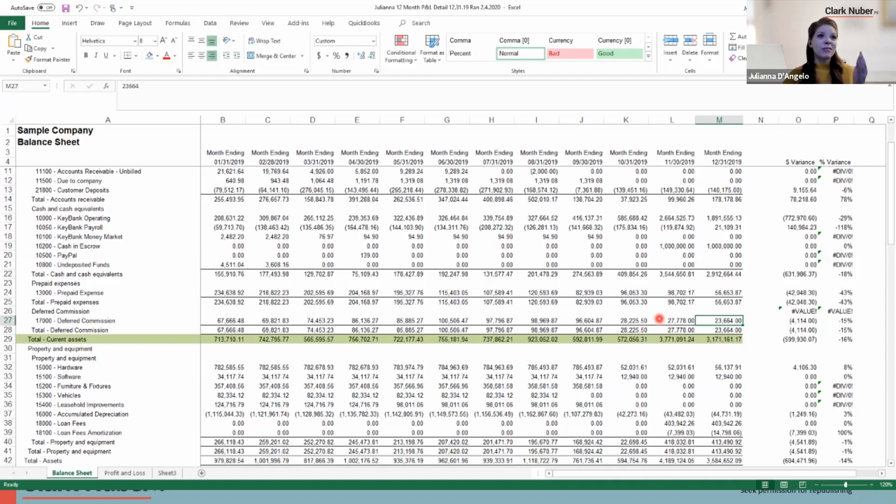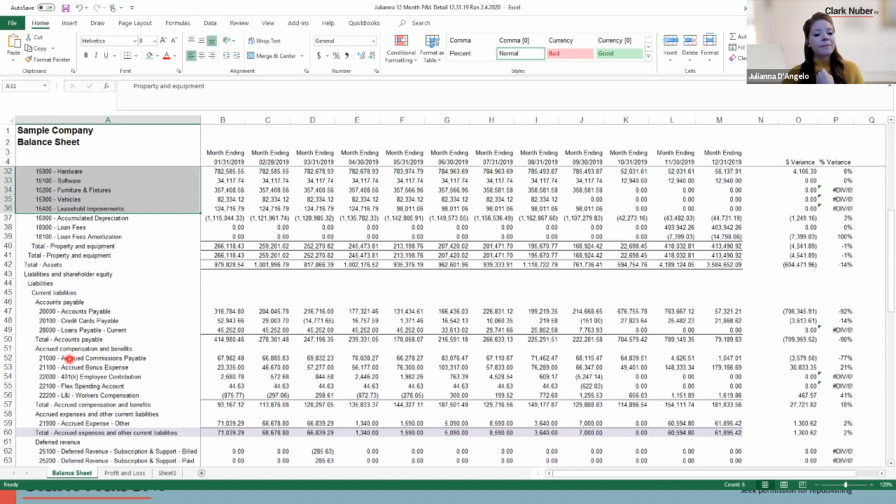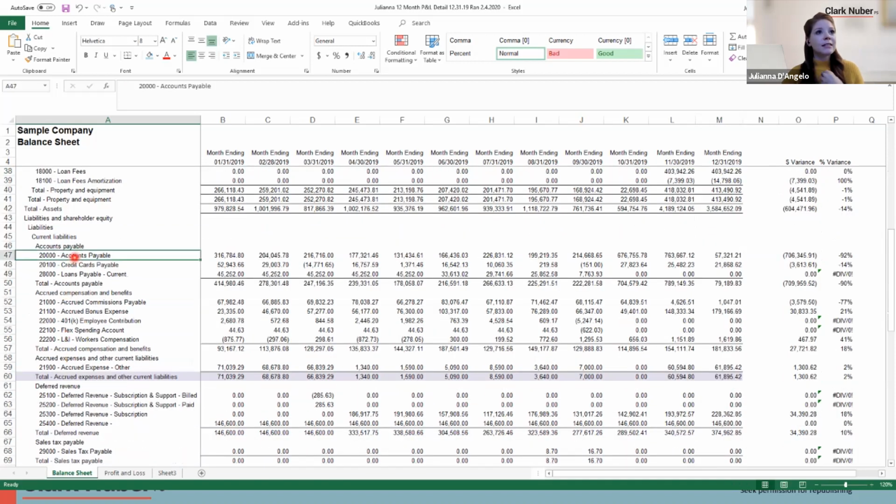And then B, you know that this ending balance is accurate. And then this property and equipment, this is probably all going to be one big schedule. You have one large fixed asset schedule with the corresponding depreciation, which accumulates and gets you your accumulated depreciation number. And then for liabilities, accounts payable is typically just the AP aging.